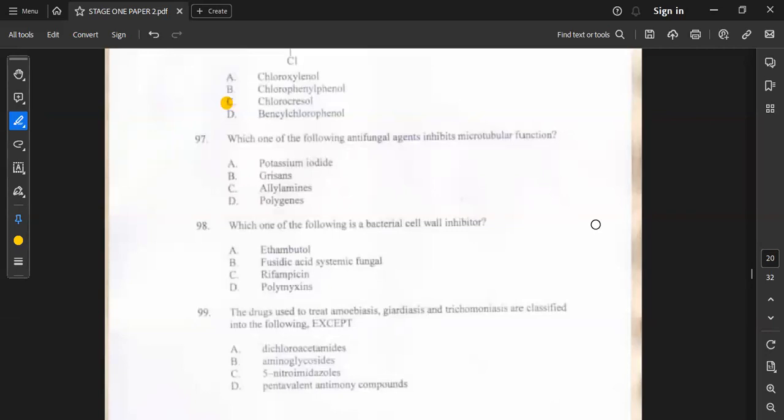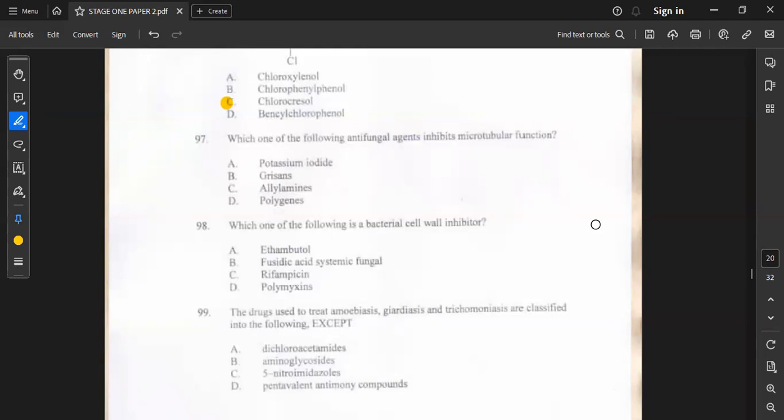Which one of the following antifungal agents inhibits microtubular function? Okay, if griseofulvin is the one that is related, then griseofulvin is the answer.